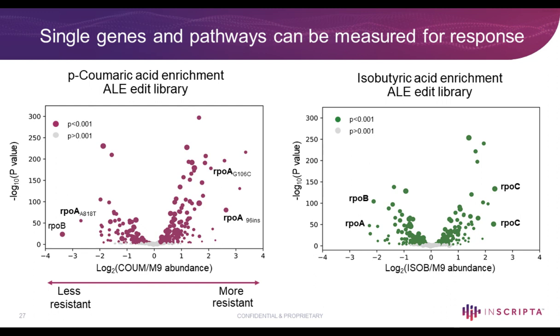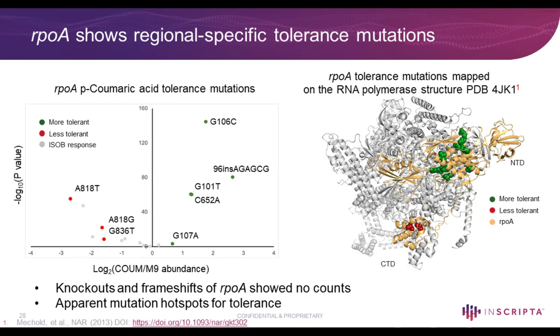This is one of the powerful things: so far we've been looking at population-wide responses when put under chemical strain. But this gives us something new to think about, which is how we can use this technology to look at individual proteins and investigate responses for mutations and substitutions made within an individual protein. So what we did here is map all of the modifications of rpoA from the coumaric acid response onto the PDB structure.